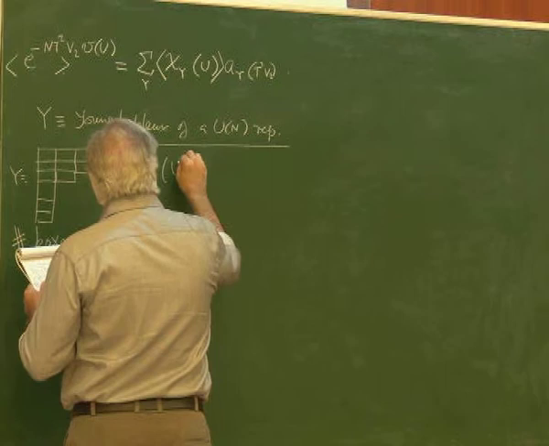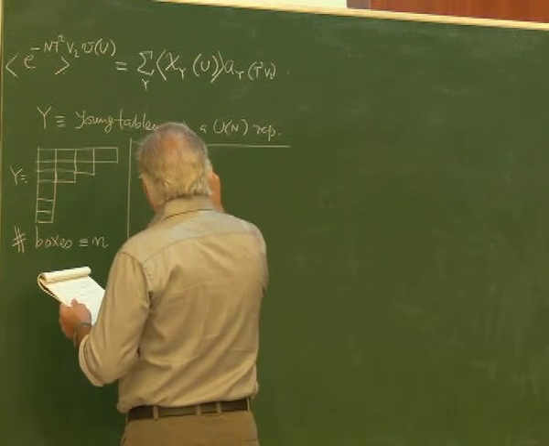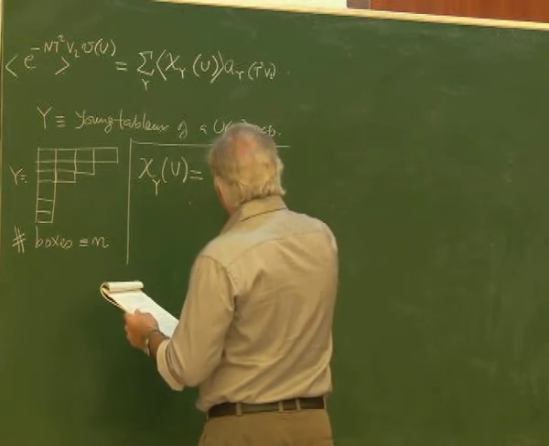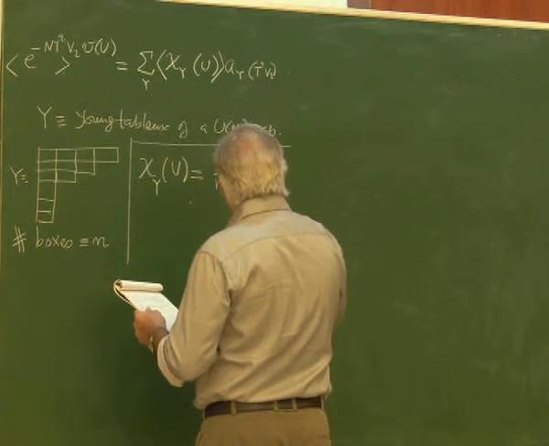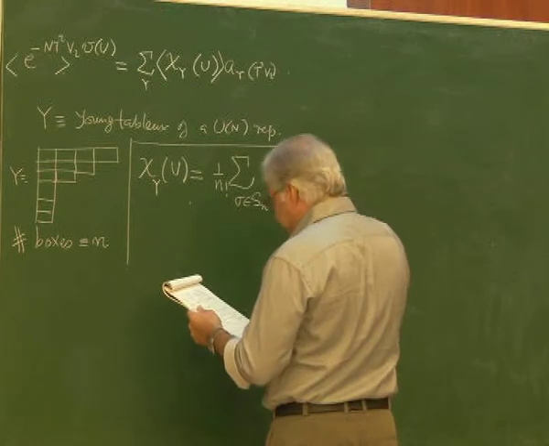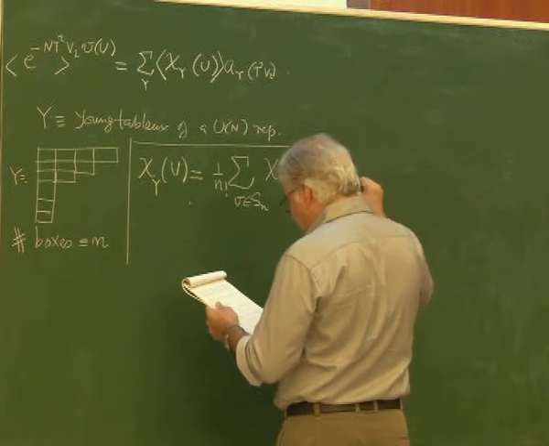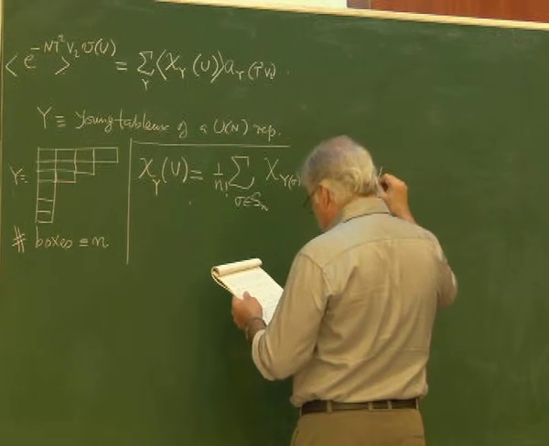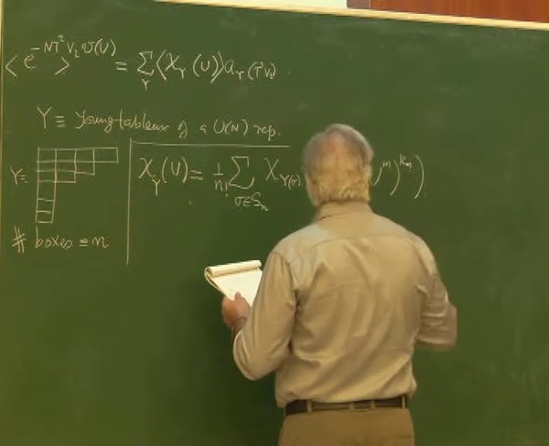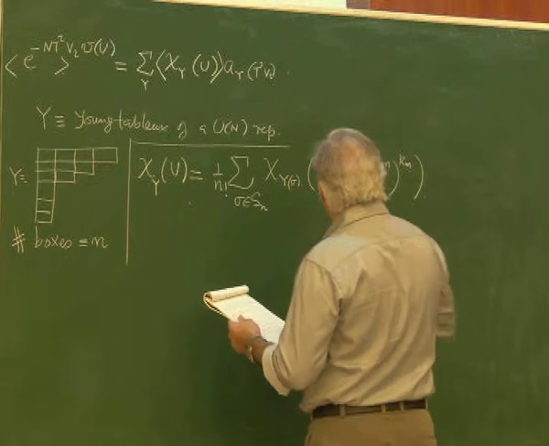The character at the point U, meaning an element of the unitary group, in the representation y is given by 1 upon n factorial, summation over all the elements of the permutation group Sn, times the product from m equal to 1 to n of the trace of u to the power m.